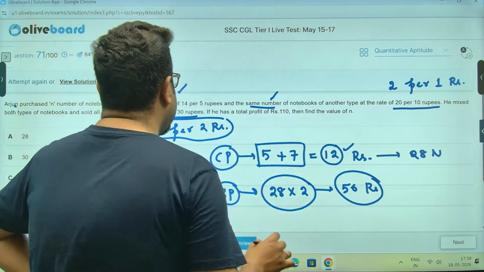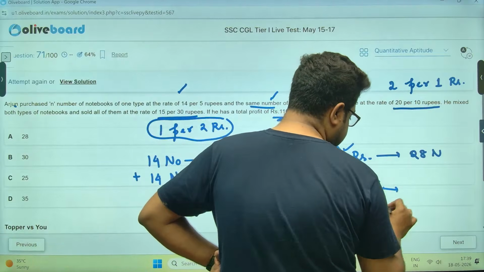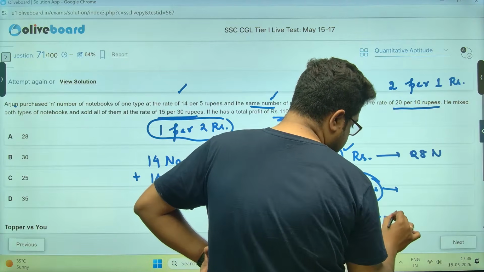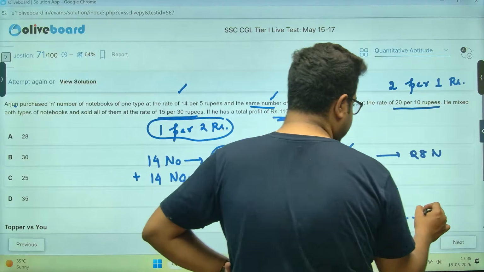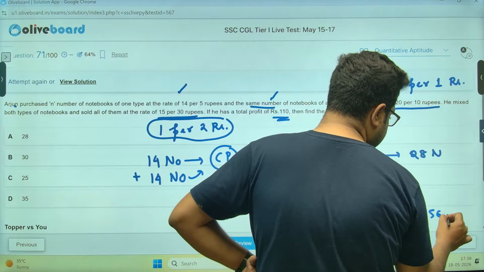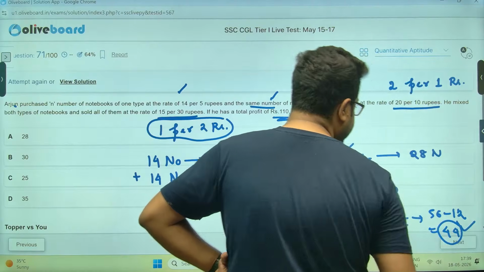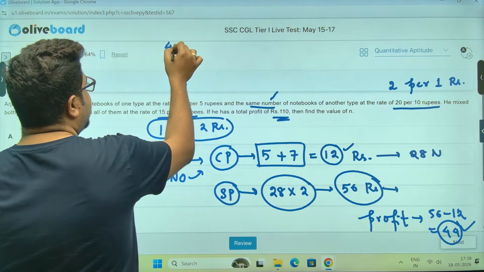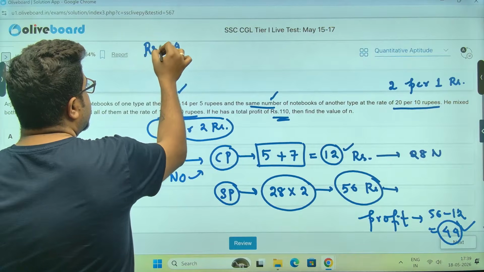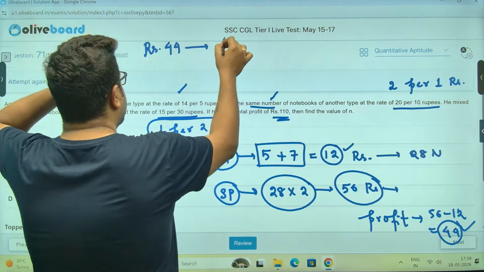Now they are saying he makes a profit of this, acha, here how much profit? Total profit he is making is 56 minus 12, 44 rupees profit, by selling total 28 notebooks.